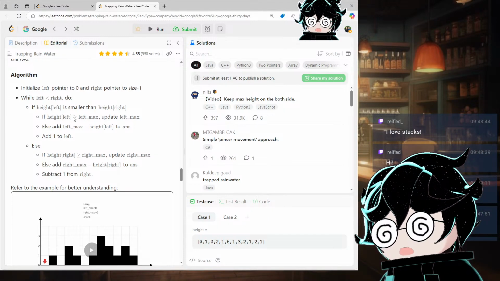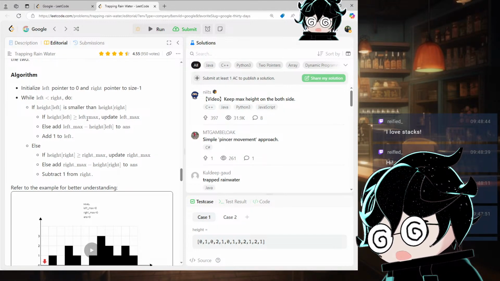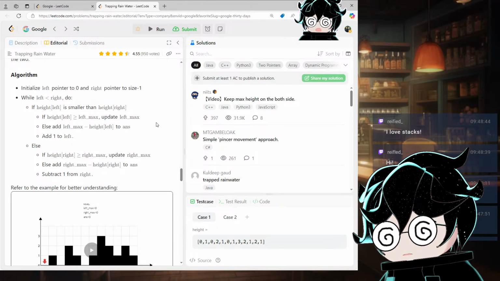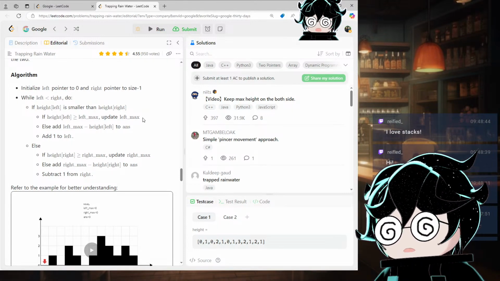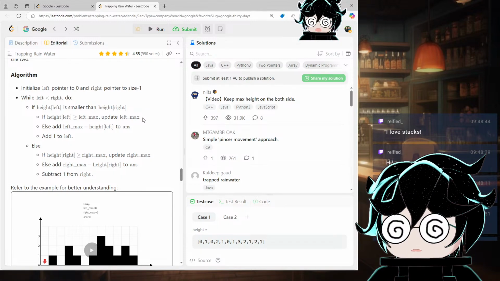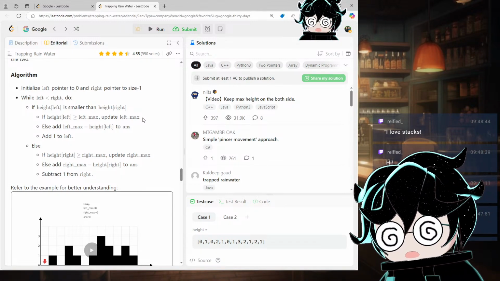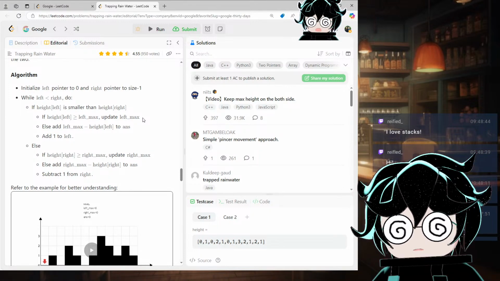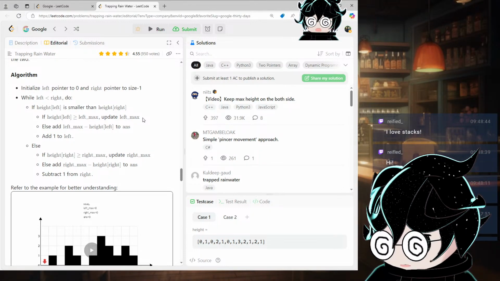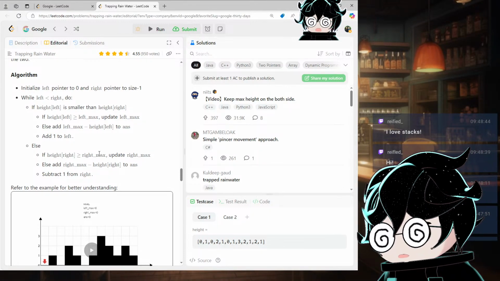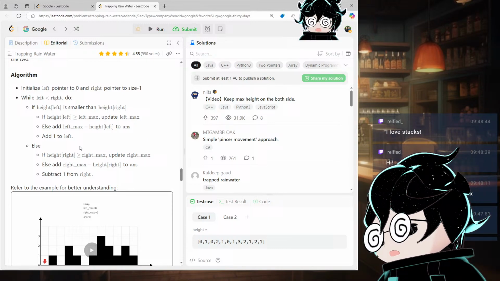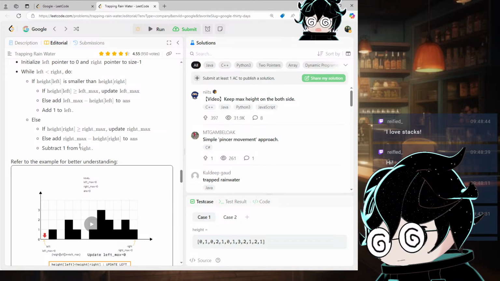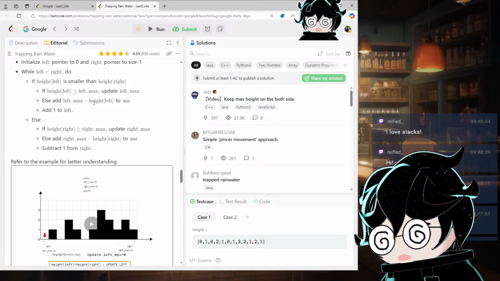If height left is greater than or equal to left max, update left max. So you're tracking your left max as you move your pointer in. Else add left max minus height left to answer.